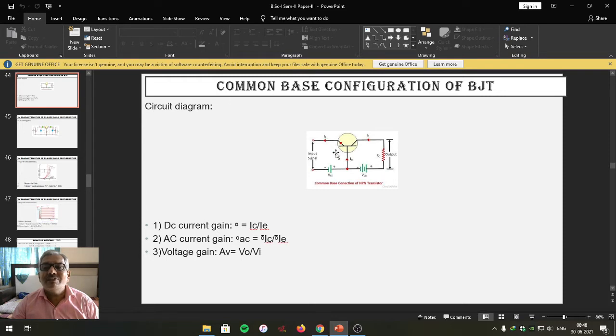Some of the emitted charge carriers will enter into the base region and recombine with the holes, constituting the base current. The remaining charge carriers will be collected by the collector so as to constitute the collector current that will pass through the load resistance RL or collector resistance RC to develop voltage across this.